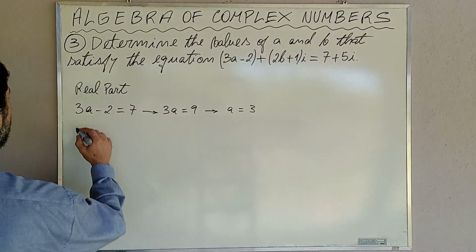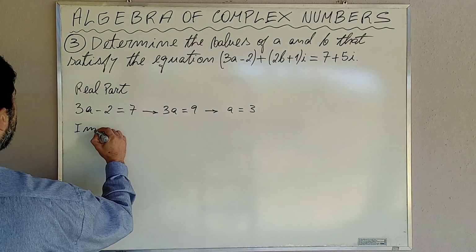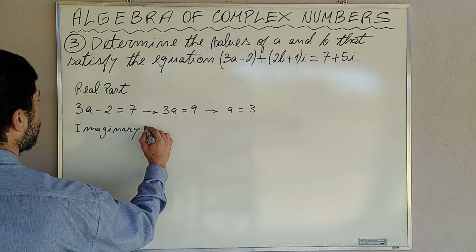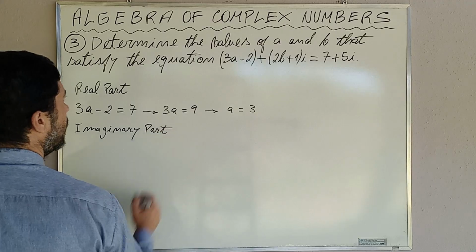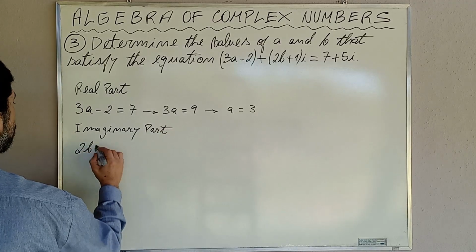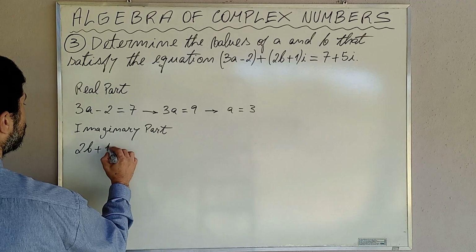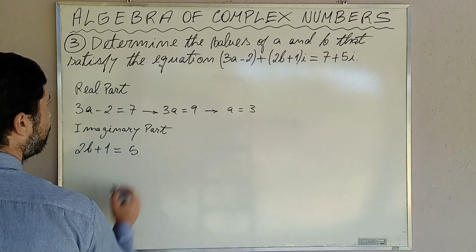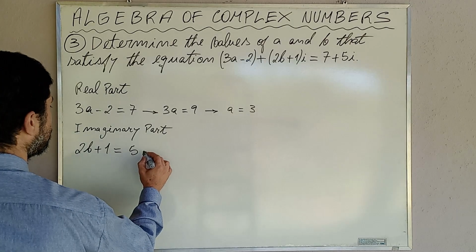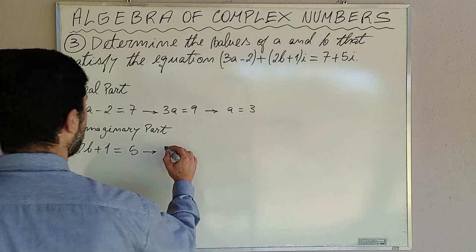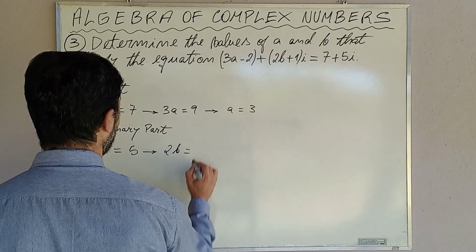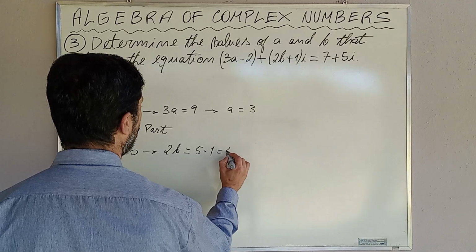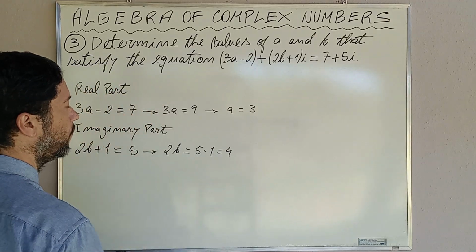The imaginary part 2b plus 1 has to be equal to 5. In this way, 2b will be equal to 5 minus 1, which is equal to 4.